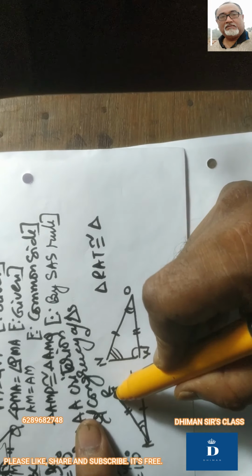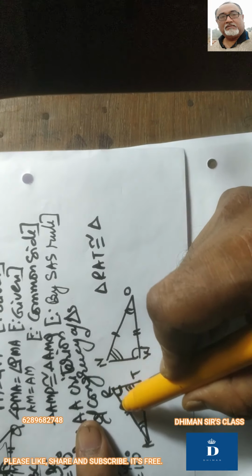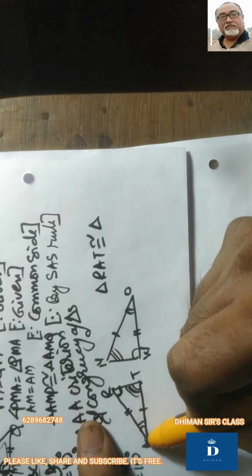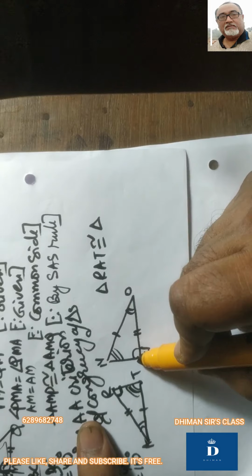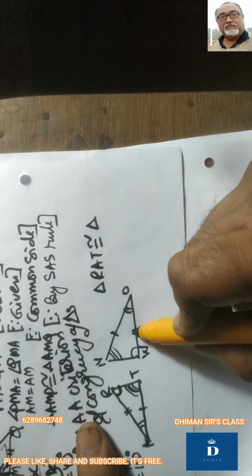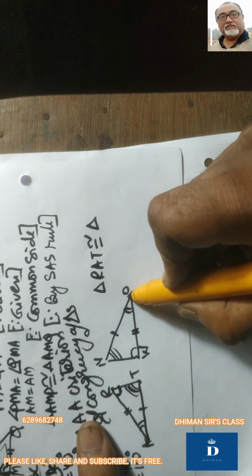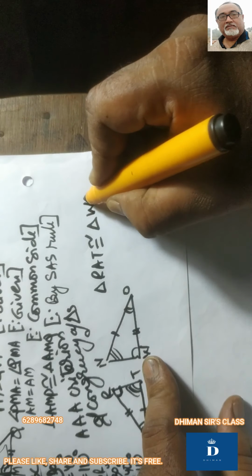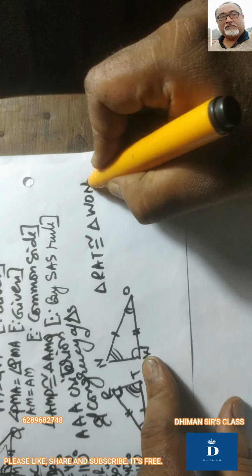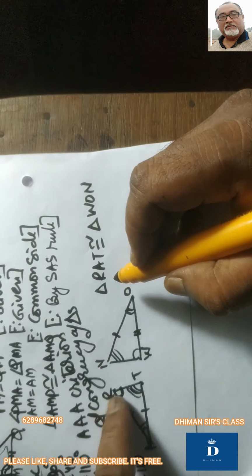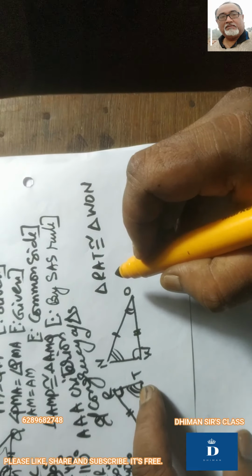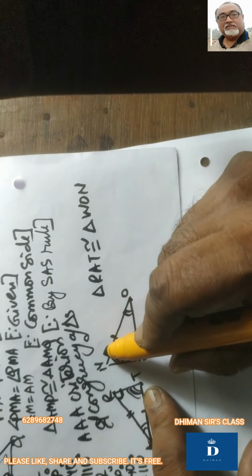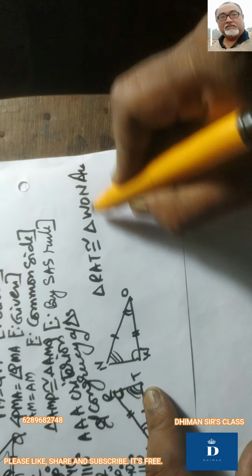From the single marked side through the double marked side to the double marked angle, it will be WON. So triangle RAT would be congruent to triangle WON.